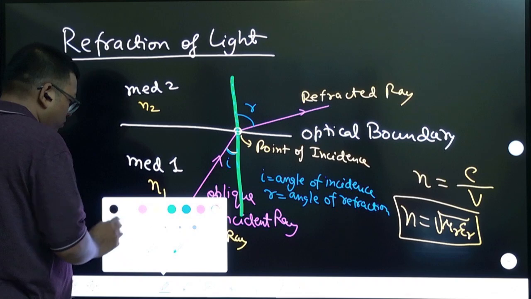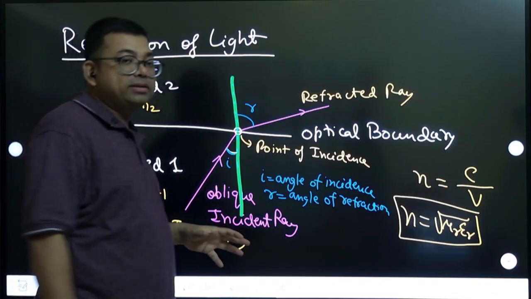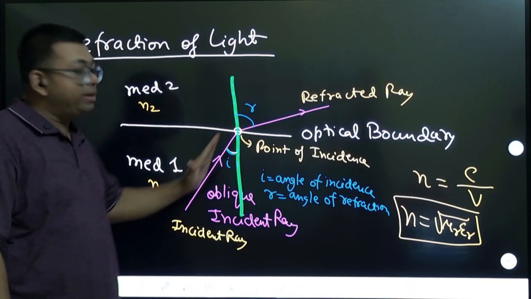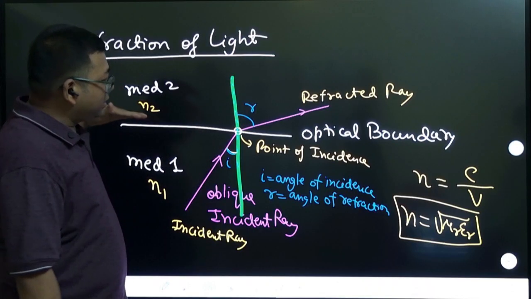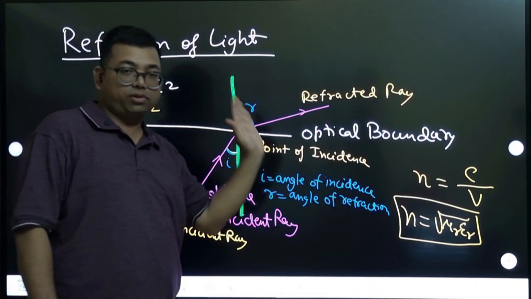So then, what is the law of refraction and what does refraction mean? Refraction means that if an oblique incident ray is coming, oblique means it is neither parallel to the surface nor perpendicular to the surface.